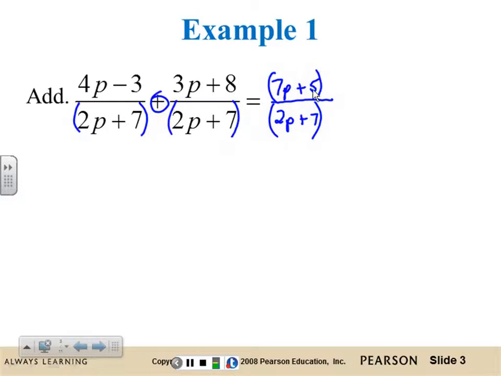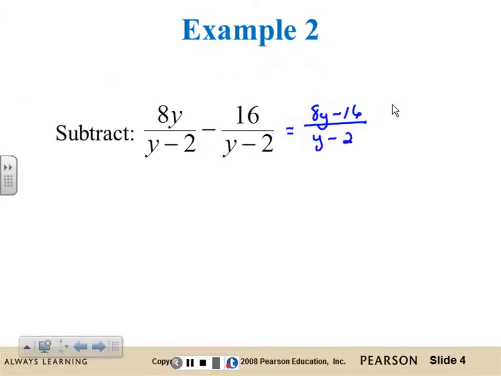In the last problem, we couldn't reduce it because 7p plus 5 is prime, in other words, it won't factor, and 2p plus 7 is prime, it won't factor either. However, look at this top right here. There's an 8 in common, so if I bring an 8 out, I'm going to have y minus 2 over y minus 2. Now, these two binomials will reduce, and my answer is just going to be 8.